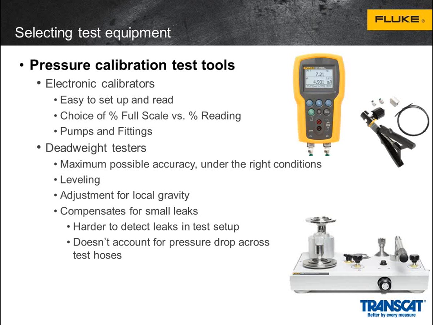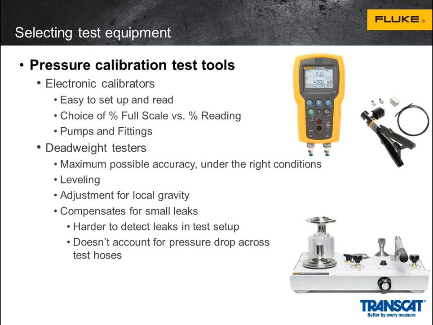If both your altitude and your latitude have changed, there's actually a formula that you have to calculate in order to determine how far away you are, if you need to make an adjustment, and how big that adjustment needs to be. It's very, very difficult for all but the most skilled techs to get this calculation and the leveling and all of the other things that need to be done exactly right in order to achieve this maximum accuracy.